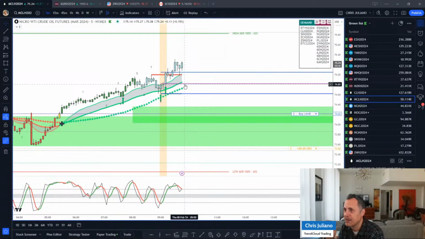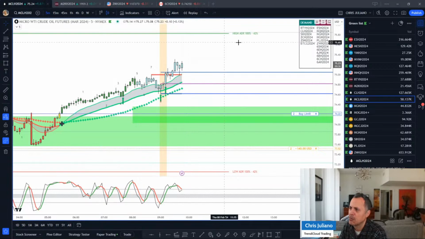Any time frame that you go to, if you see an extended trend, you have to start looking for some kind of zone or area underneath that 50 simple. And that is where you want to jump in at. Okay. So there we go. We've got $140 risk, 2 contracts.